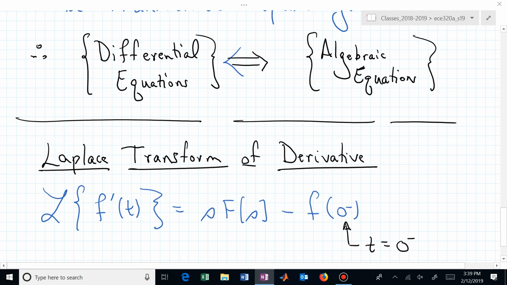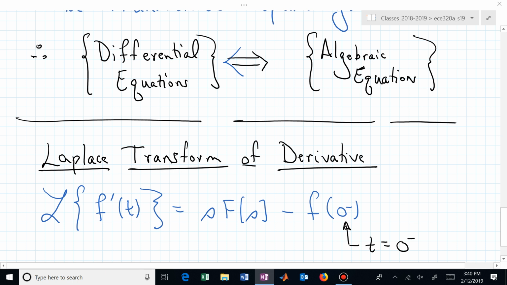If you now knew, now I'm covering up that prime, if you knew the Laplace transform of f was capital F, now the Laplace transform of the derivative of f can be obtained by simply scaling or weighting that original Laplace transform by multiplying it by s. Now we have to adjust it by what this waveform looks like at time t equals 0 minus, and that's where we are doing this minus f of 0 minus, and that will be a number or an initial condition.